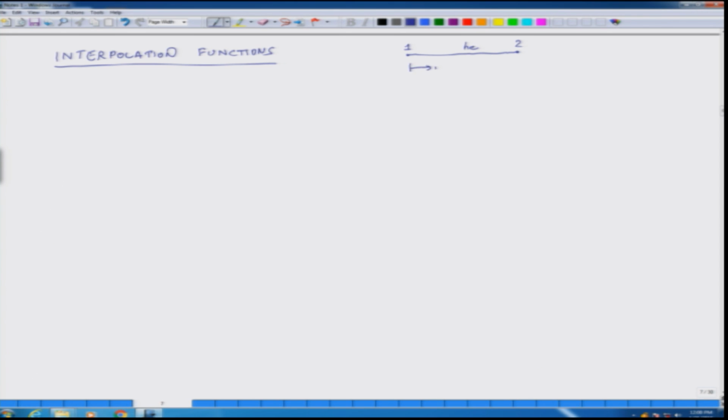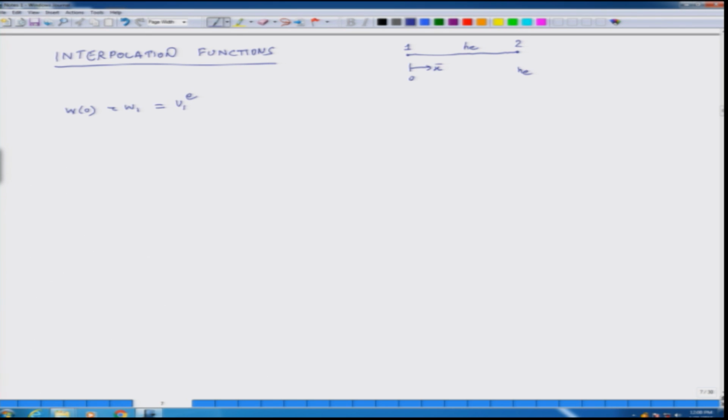The local coordinate system is such that this is x bar, and the value of x bar is 0 here and HE here. Then my 4 degrees of freedom are W at 0, and this I call W1, and I will use a generalized term for this, and I will call it U1E.